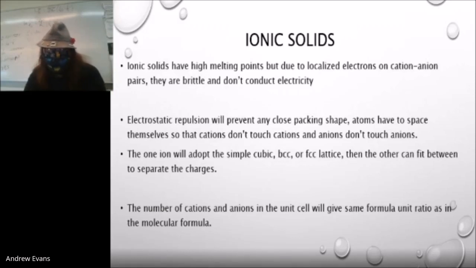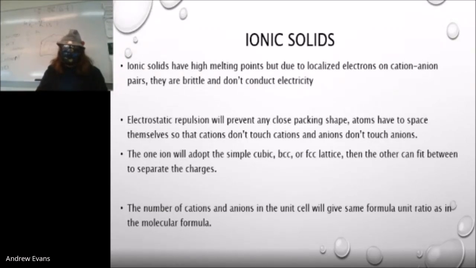So what's going to happen is that one ion will adopt your basic shape, your simple cubic, your body-centered cubic, your face-centered cubic. But the other atom will be smushed in there in a different place so as to keep the cations away from the other cations. So there's no cation touching another cation.